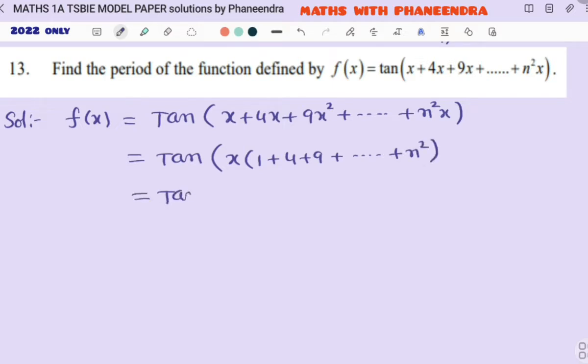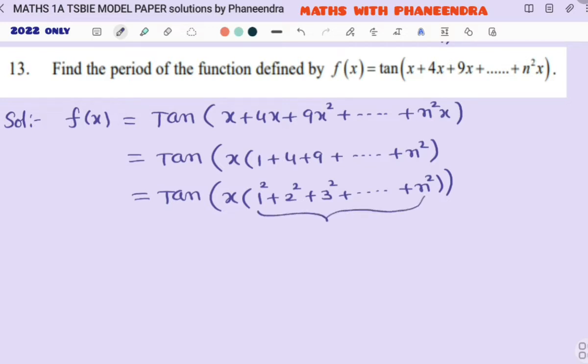So tan of x into 1 plus... 1 can be written as 1 square, 4 can be written as 2 square, 9 as 3 square, plus and so on plus n square. This is the sum of the squares of the first n terms only, no?